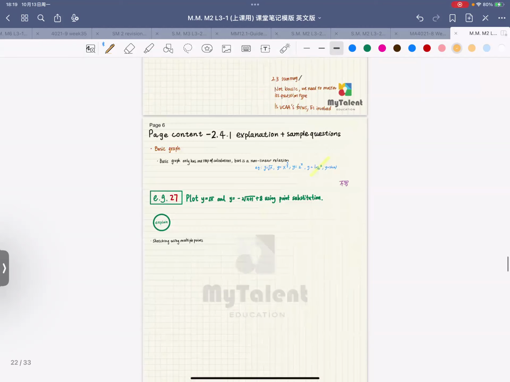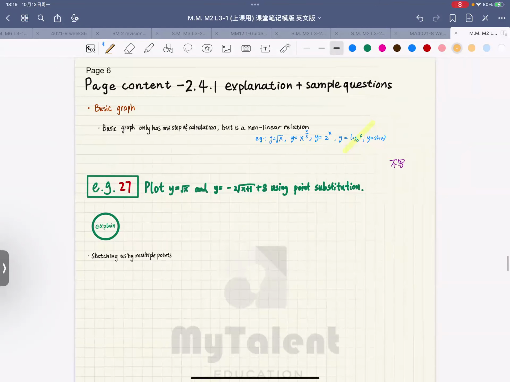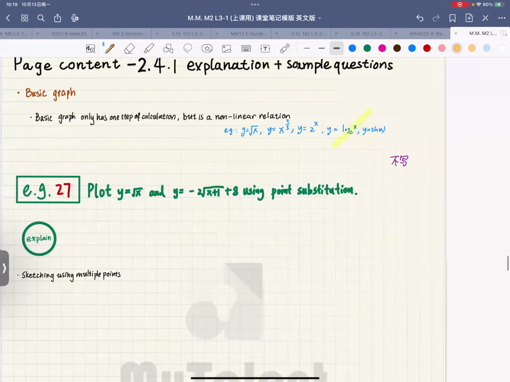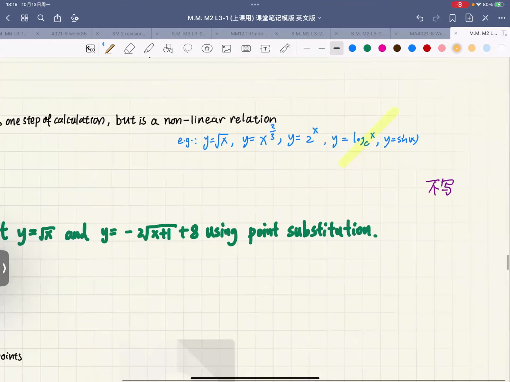Okay, let's move on to graph. So when we talk about graph, we have something like a basic graph. What does basic graph mean? y is equal to square root of x, or let's say y is equal to x squared.